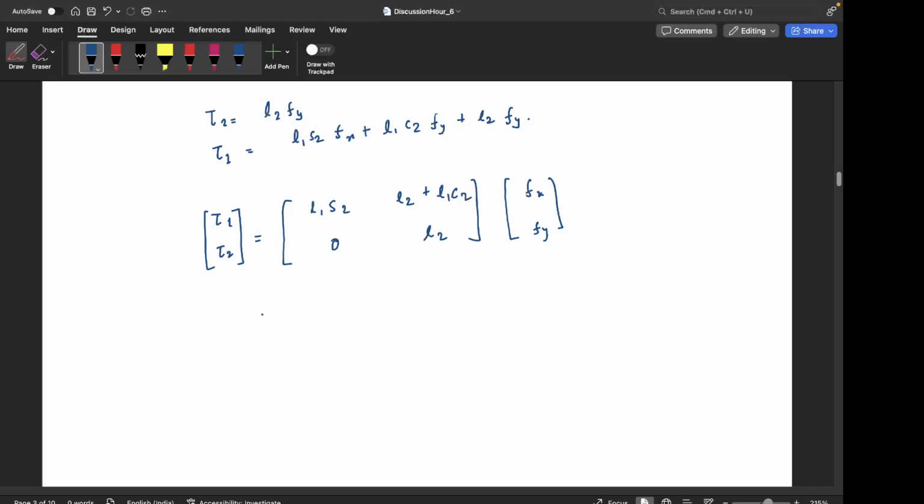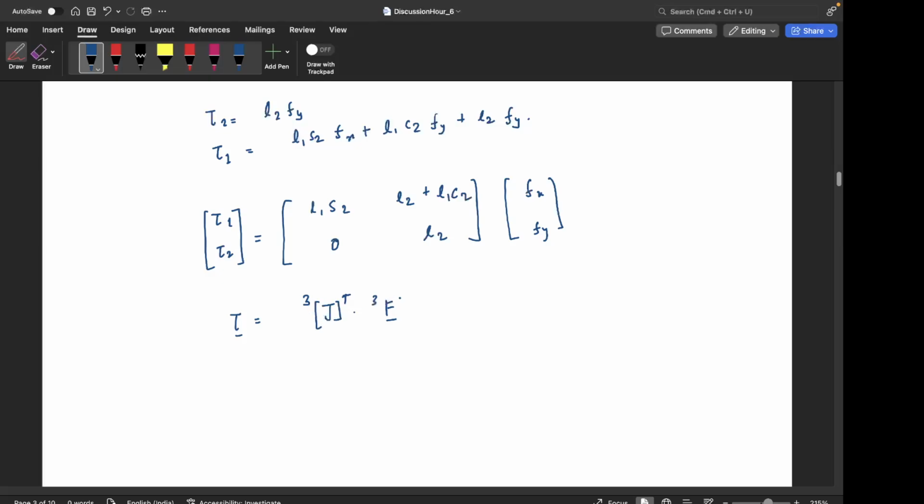So what is this? This is the tau vector, and this is basically the Jacobian of the end effector but expressed in the third frame, and this is the transpose of that, and this is the force in the third frame, right?